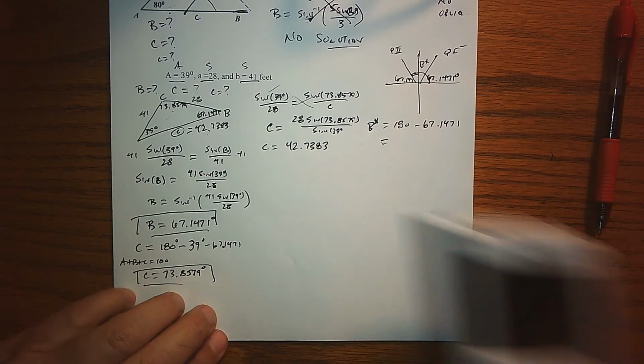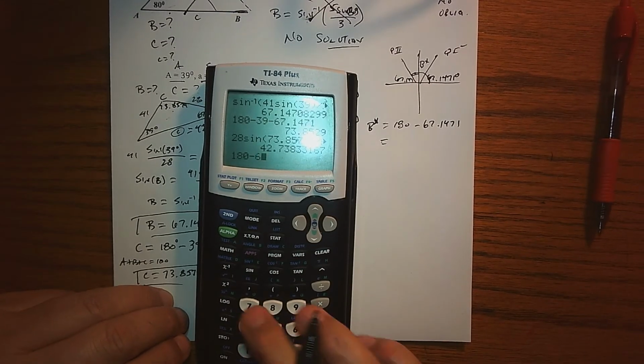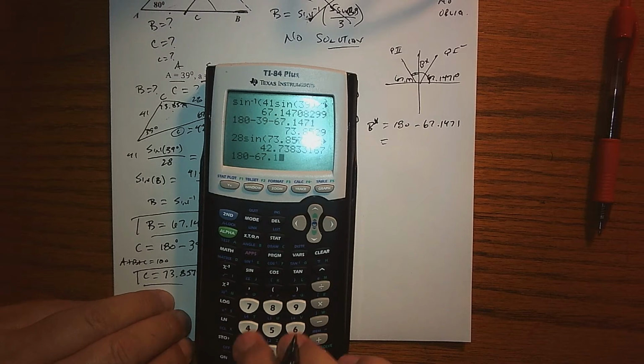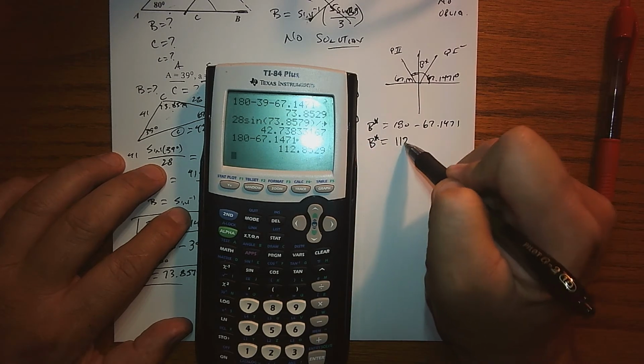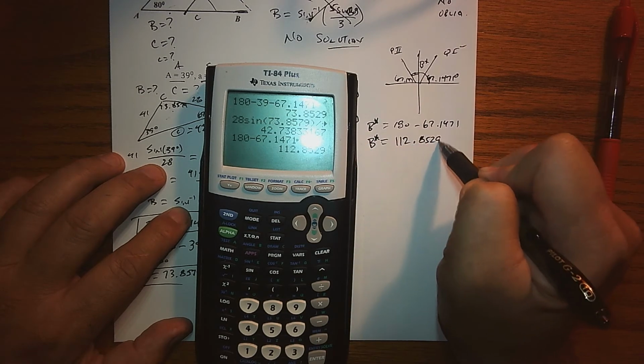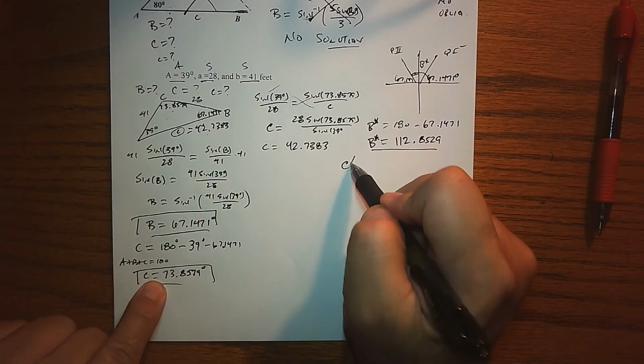So let's see if that's a possibility. So 180 minus 67.1471 gives us a possible B star, 112.8529.